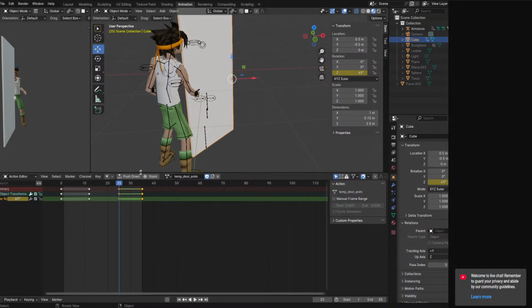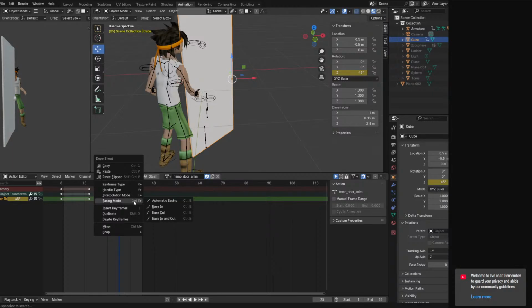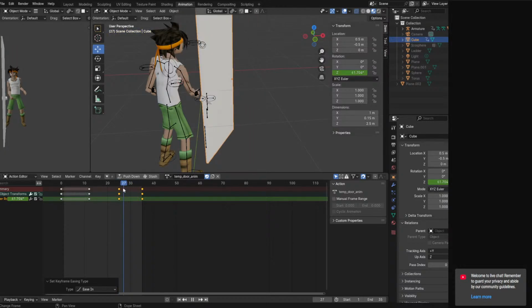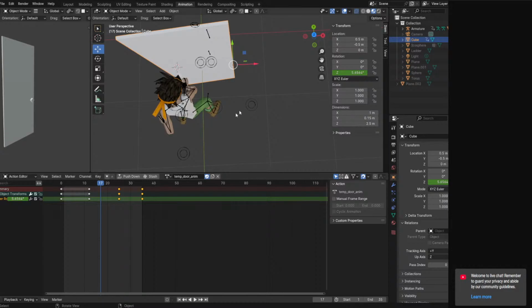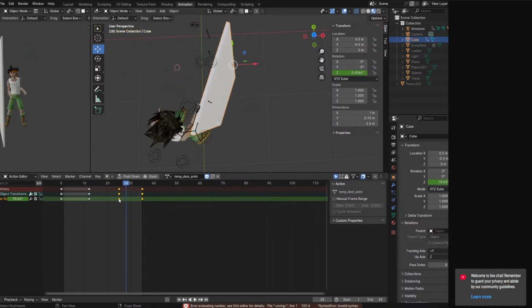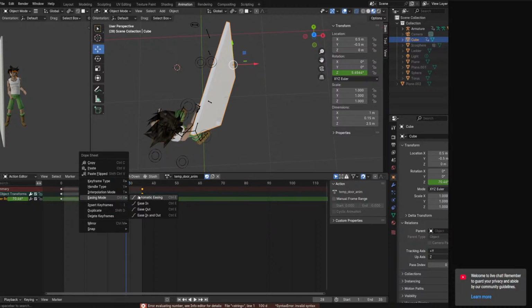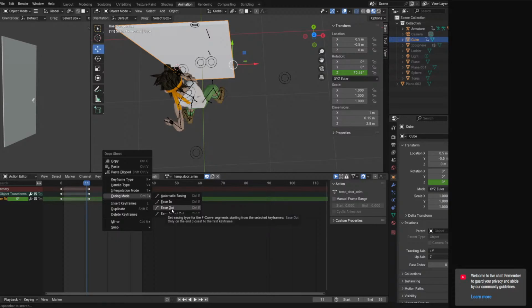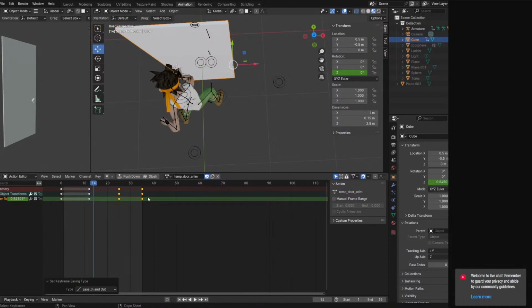Like have it go fast and then slow down? Okay, let's go back to what it was before. Easing mode, ease in. I can't tell.